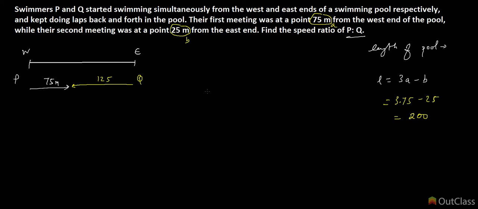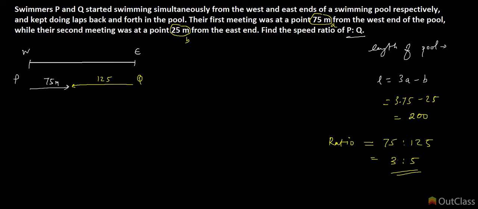So the distance ratio is 75 to 125 for the same amount of time, which simplifies to 3 to 5. This is your answer. This is the short way of doing this.